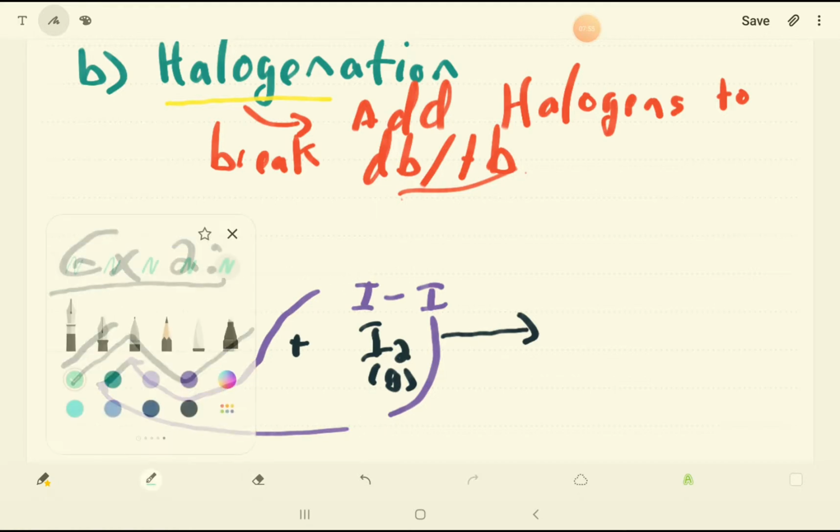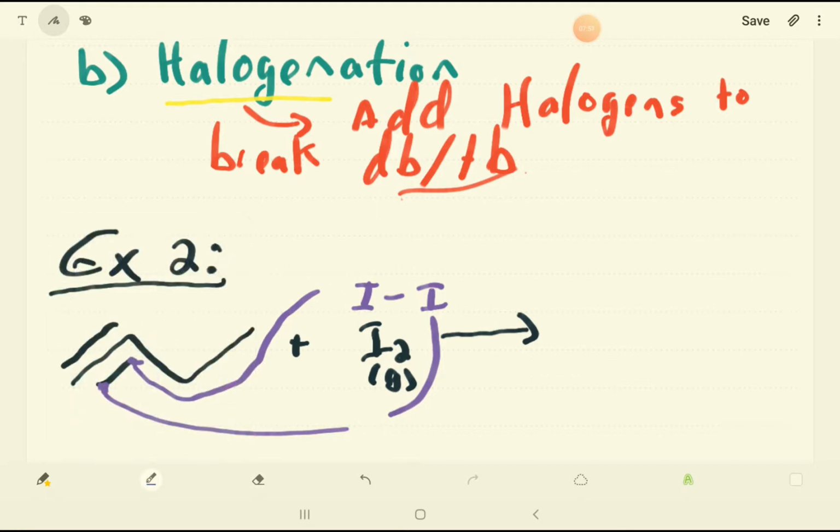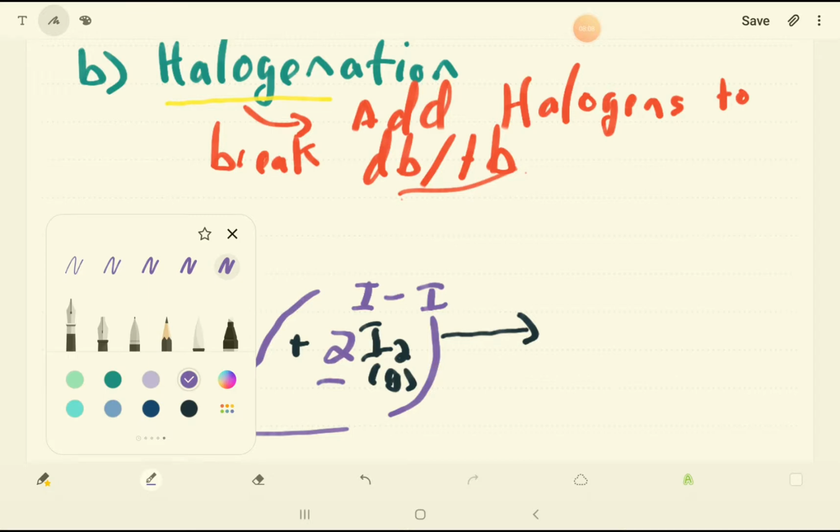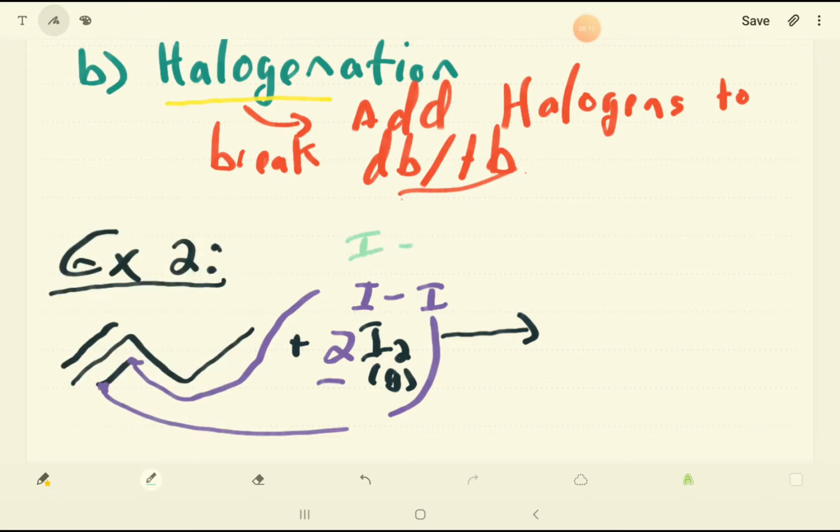So what we're going to need is 2 moles of this. Because there'll be I to I, which attacks these double bonds, and then a second one, and we'll do this one in a different color, a second I to I to attack these ones.